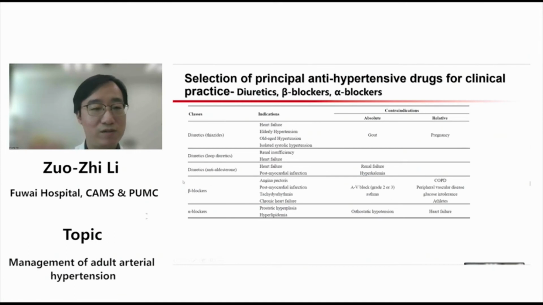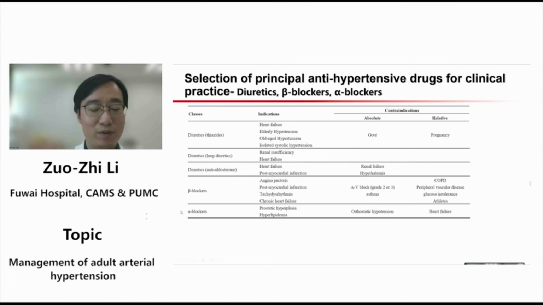Beta blockers are particularly suitable for patients with coronary heart disease, including angina pectoris and post-myocardial infarction patients, and also patients with faster heartbeat and chronic heart failure.